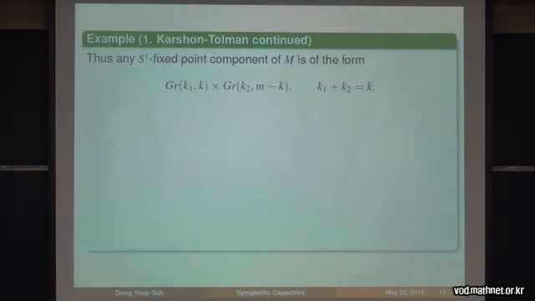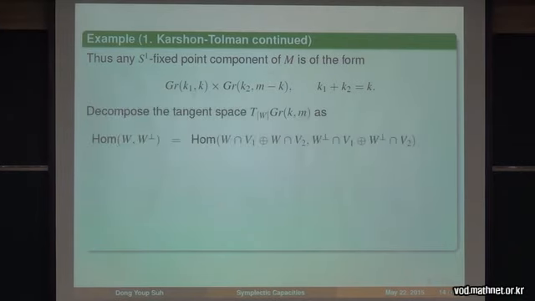So any S1 fixed point component of M is in this form. You can check it. It's very simple, okay? And so decompose the tangent space of this Grassmannian manifold at this fixed point.